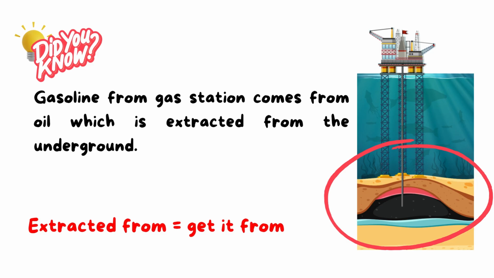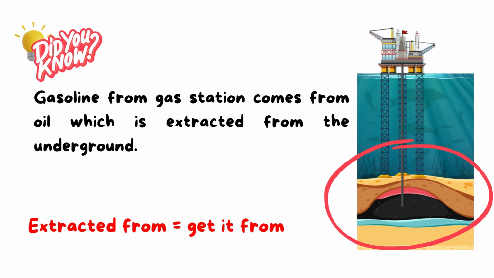You know that gasoline from the gas station comes from oil, okay, which is extracted from the underground, okay? So gasoline, do you see here? Here, the oil is extracted from the underground. Extracted means we get it from the underground, okay?